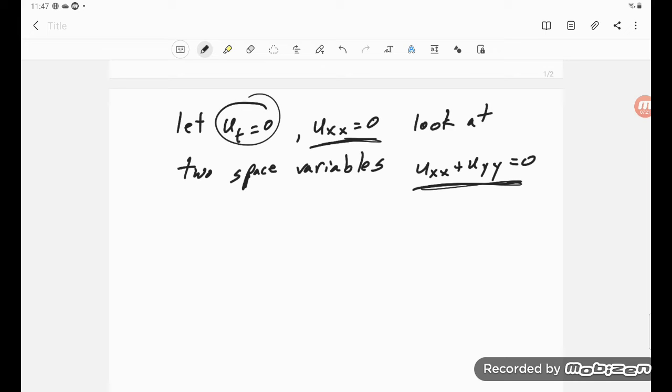And so those are the main things we're going to look at. We're going to look at some other modeling aspects of it, but those are the base equations.